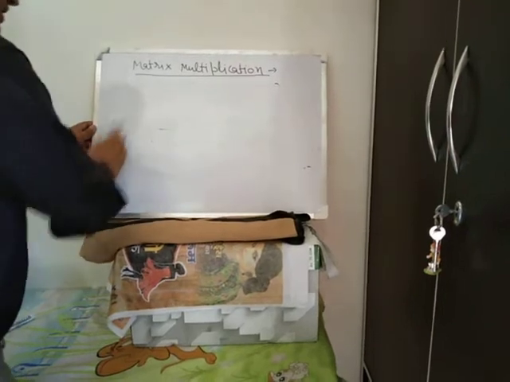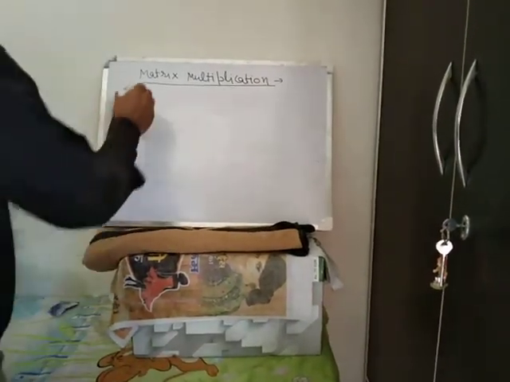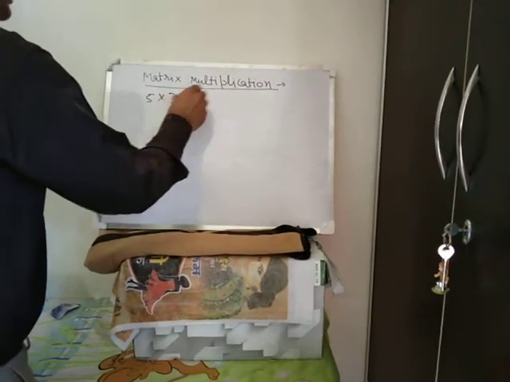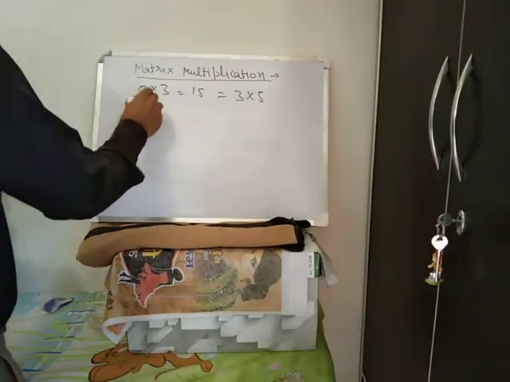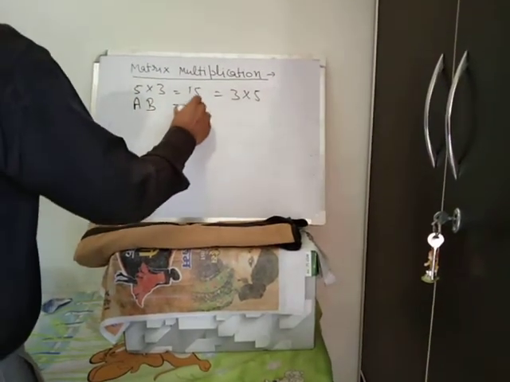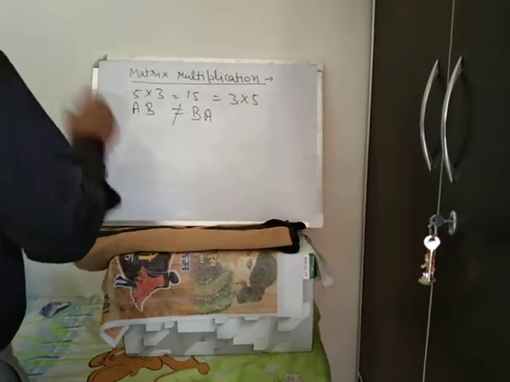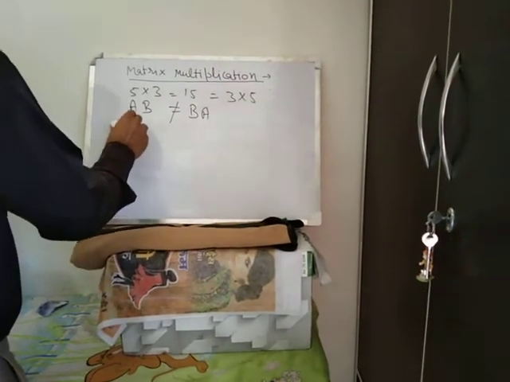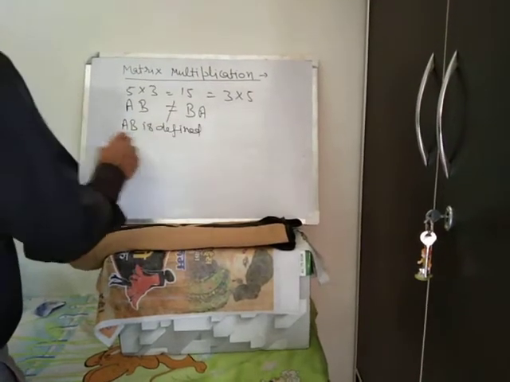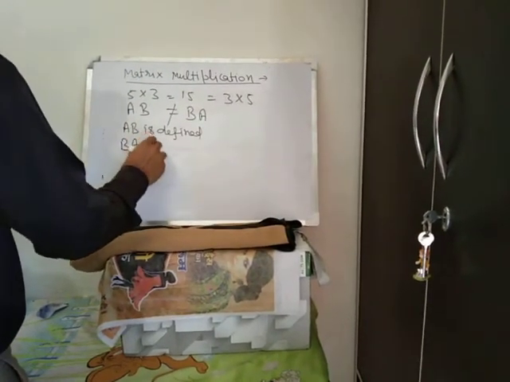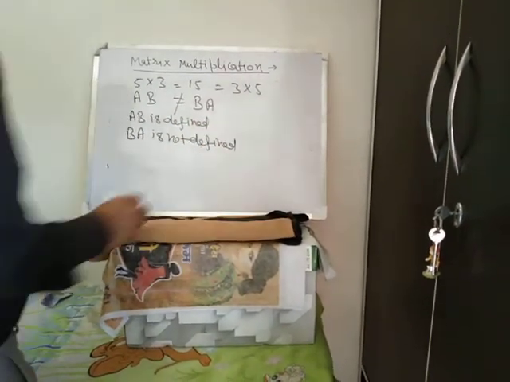One important question arises here. Like real numbers, 5 into 3 is 15 and 3 into 5 is also 15, but in the case of A into B, it may be equal to BA, or it may not be equal to BA. Also, it is possible that AB is defined but BA is not defined. Let's have a case.